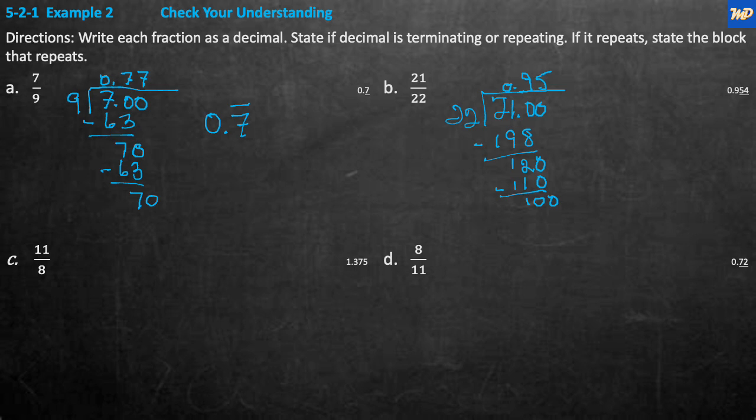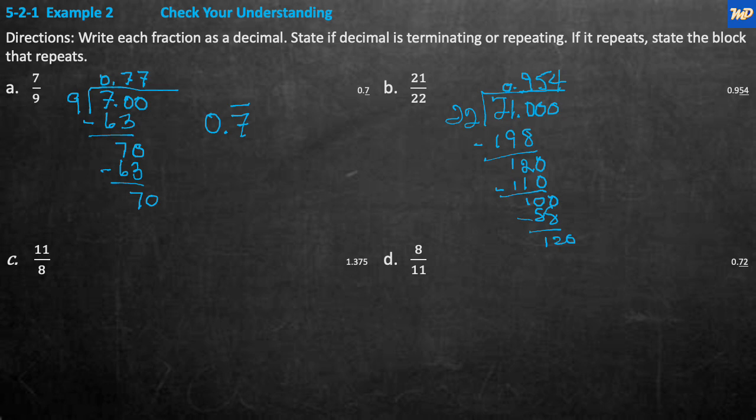Now 22 goes into 100 how many times? It goes in 4 times. I write the 4 here. 4 times 22 is 88. 100 minus 88 is 12. Bring down the 0.